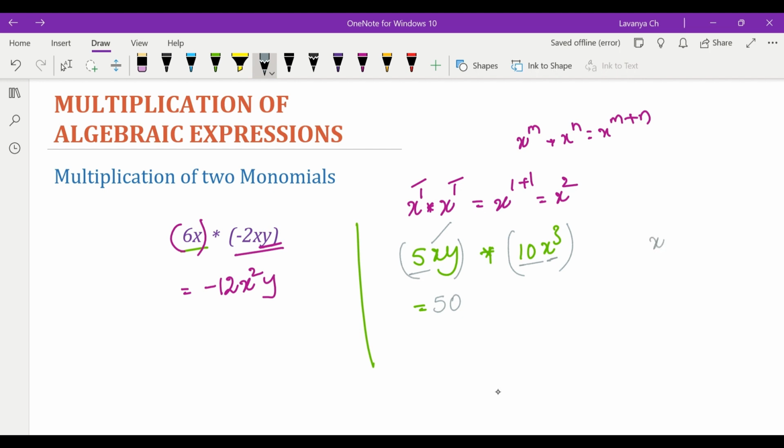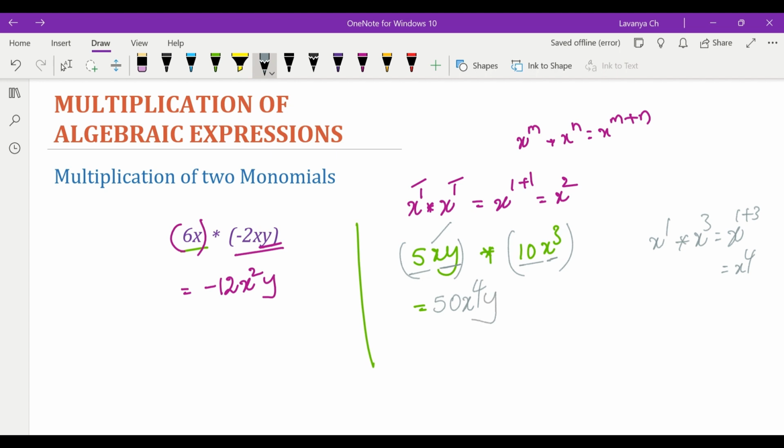Here x means x power 1 into x cube. It should be equal to x power 1 plus 3, that is x power 4. So we'll write down x power 4. After that, we have y from the first monomial. It is not there in the second one, so we will write it down as it is.